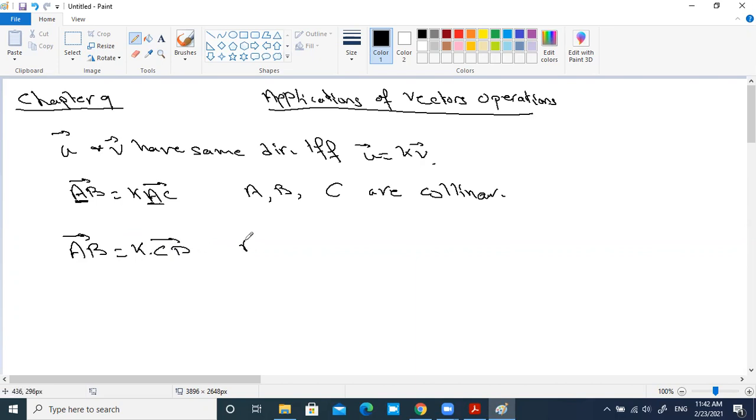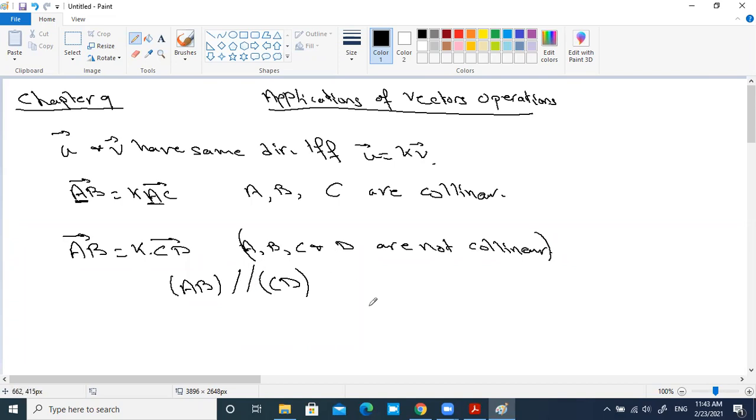Assume that A, B, C, and D are not collinear. If they are not collinear, then we may have collinear points, for example. Assuming that the points are not collinear, what can we say about lines AB and CD? They are parallel.